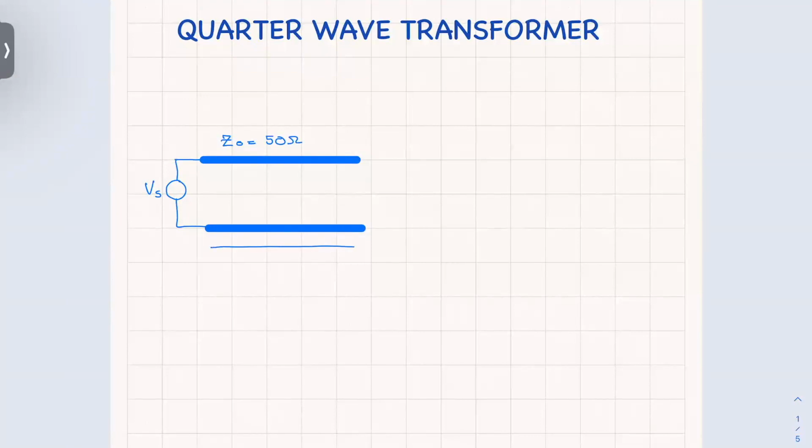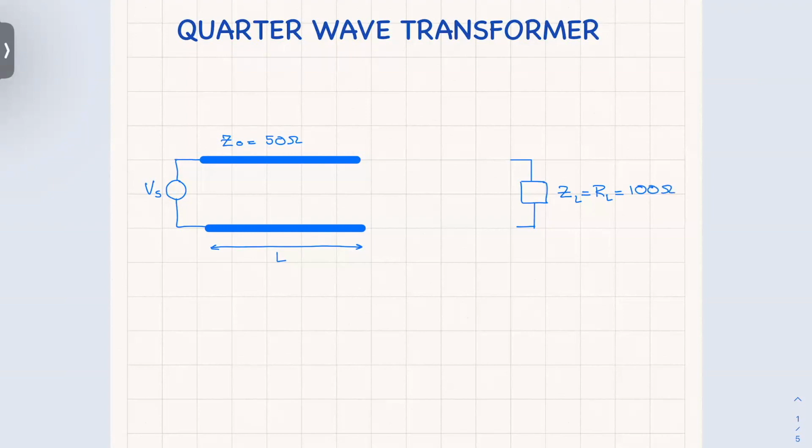The length usually on this line does not matter, but it has a given length. Then I have a load that I want to connect to this line. And this load is real. So I show it as ZL equals RL, or I just could have RL. And that is equal, say, 100 ohms.